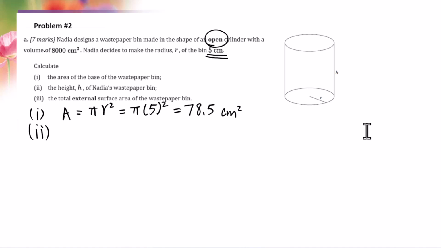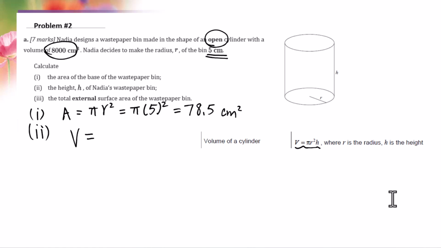We know the volume of this cylinder is 8,000 centimeter cubed. Let's find the volume of the cylinder in the booklet. Here is the formula. V equals pi r squared times h.